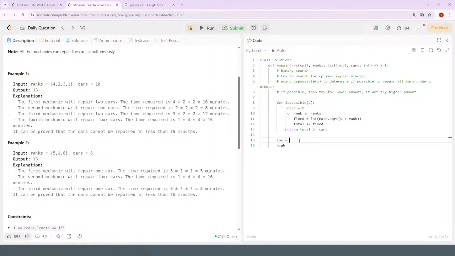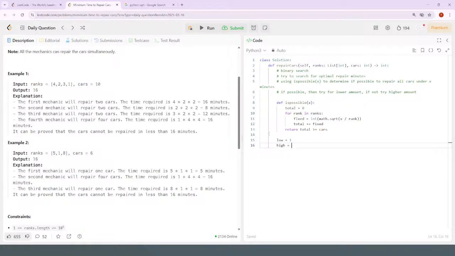So the low amount would be like, what is the lower bound? What would make sense for the lower bound? Yeah, let's just say 1 for now.